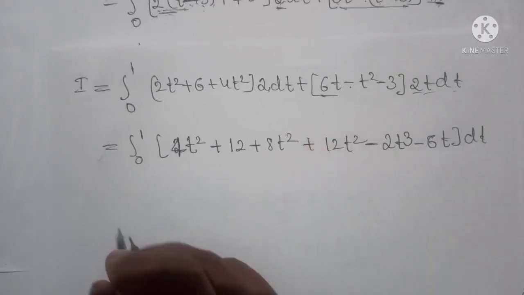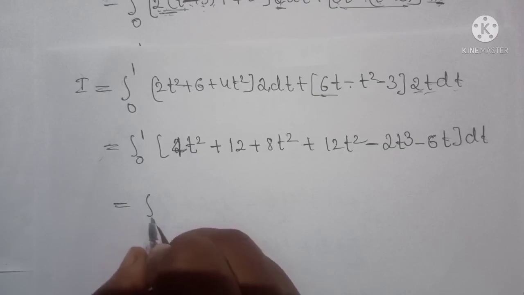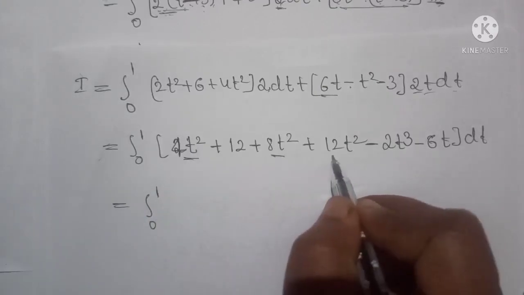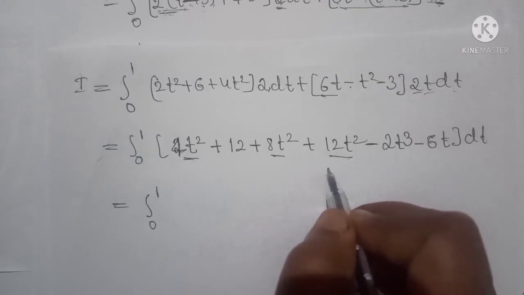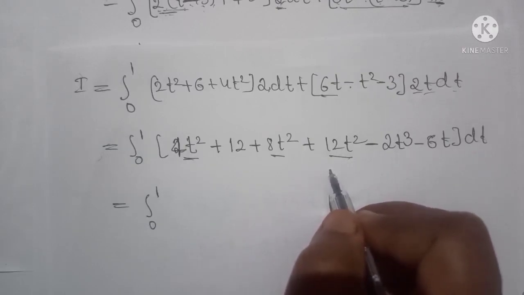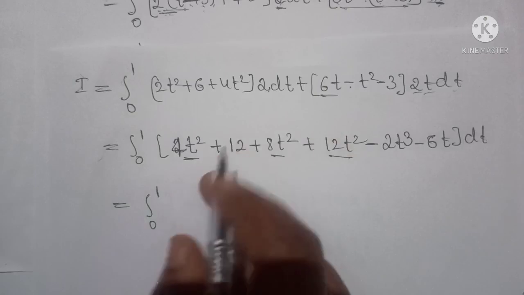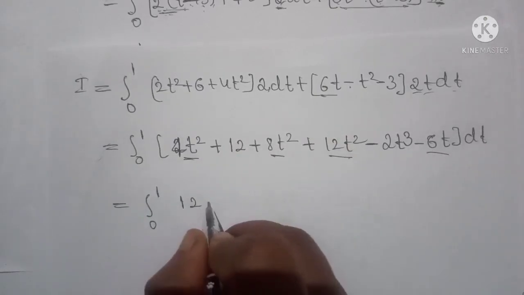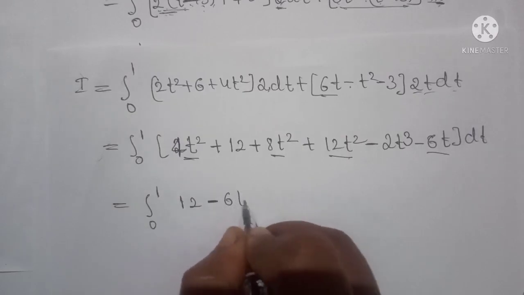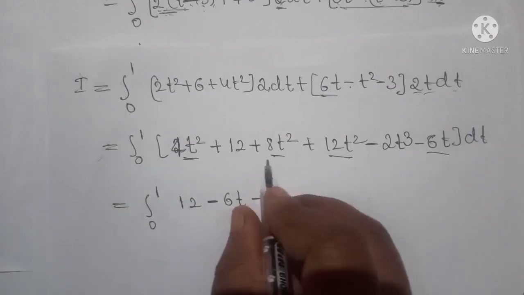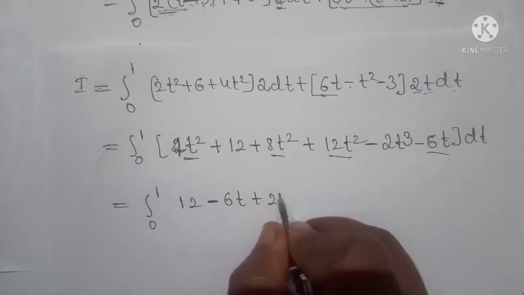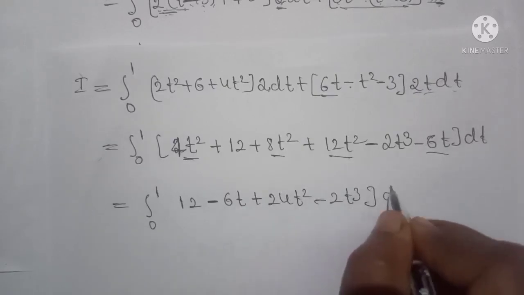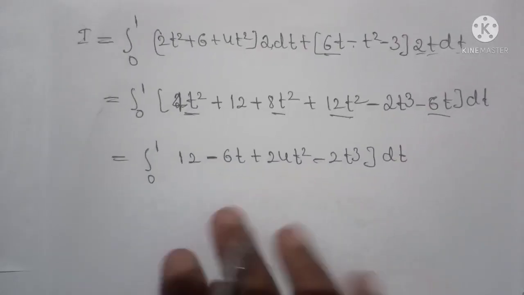Now arranging the terms, we get the integral from 0 to 1 of 4t square, 8t square, 12t square, which equals 24t square. Before that we write the constant term 12 minus 6t, plus 24t square minus 2t cube dt.